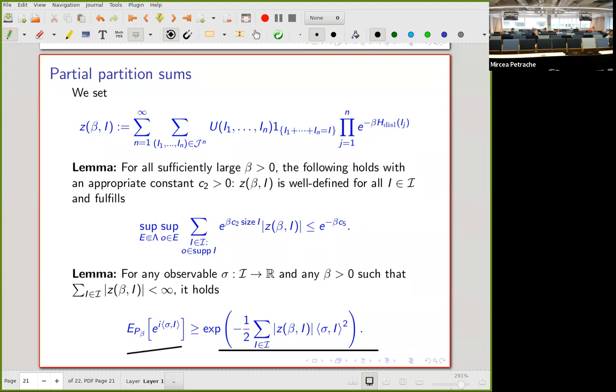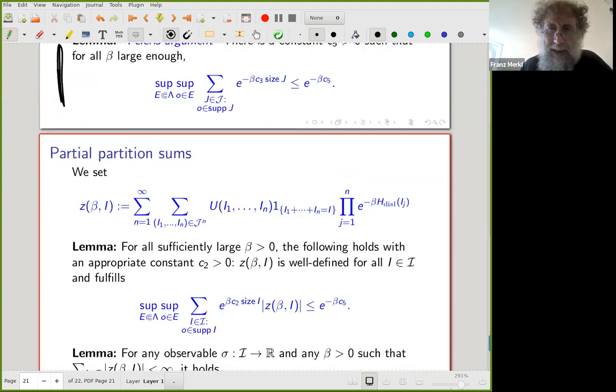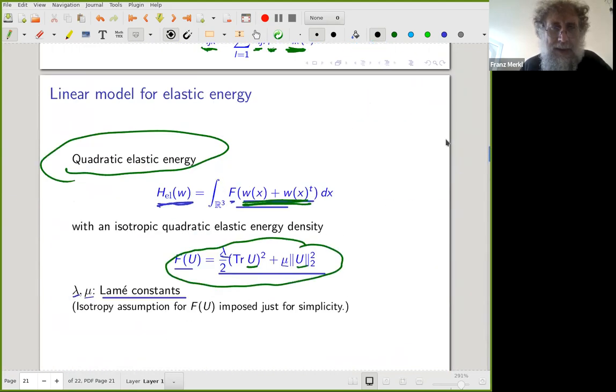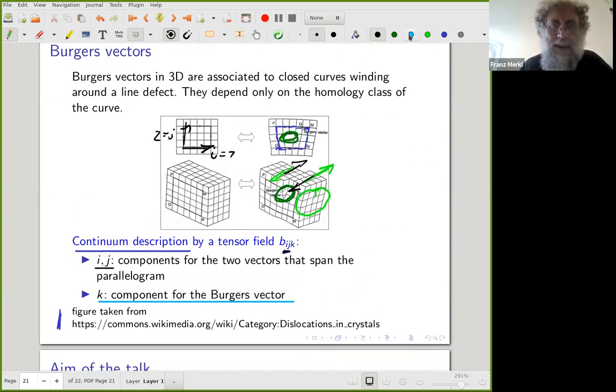What is specifically three-dimensional in your result? In two dimensions, the theory is much less interesting because in two dimensions dislocation lines become dislocation points.